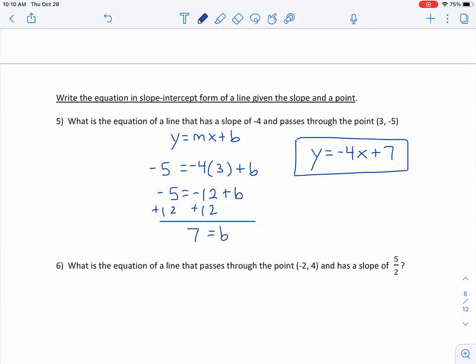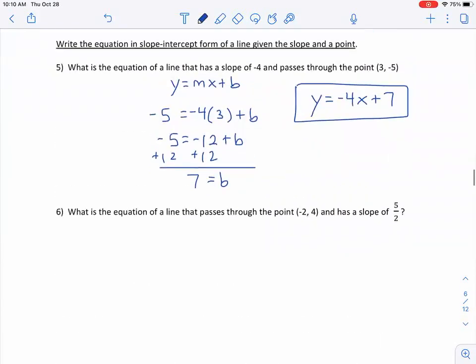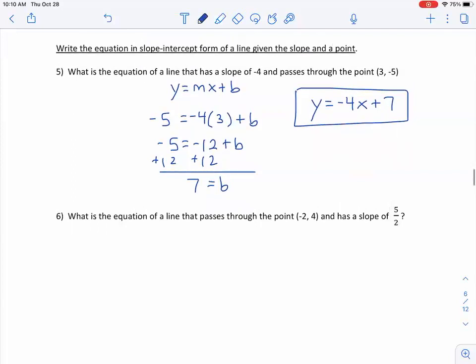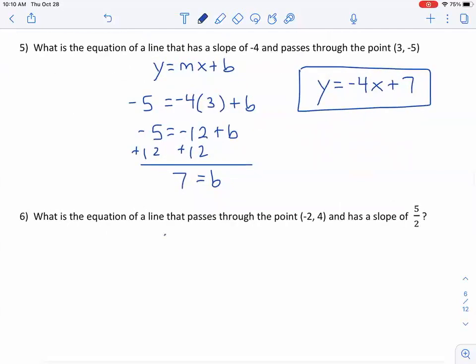All right, let's do one more together, then I'm going to have you guys try one. So let's do problem number 2. Our slope, which is our m, is going to be 5/2. So I'll start it. I'm going to use this problem right above it as a model. So I have y equals mx plus b.